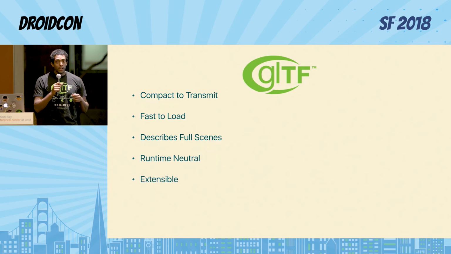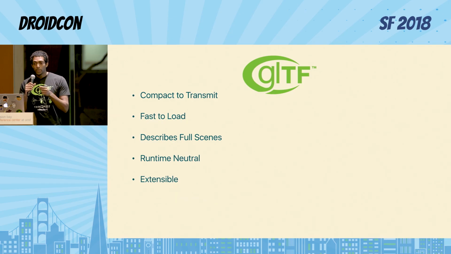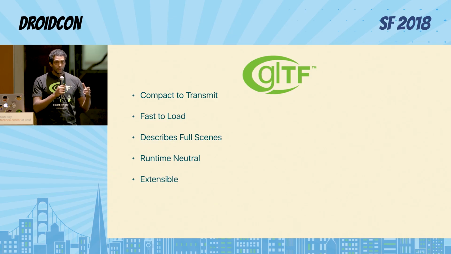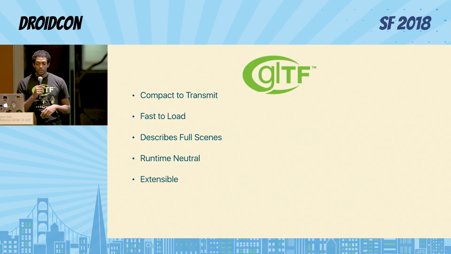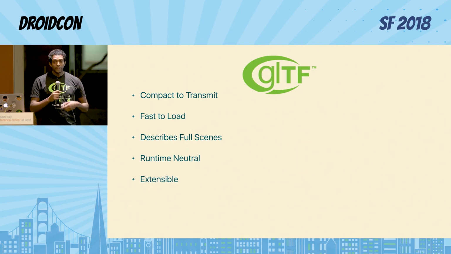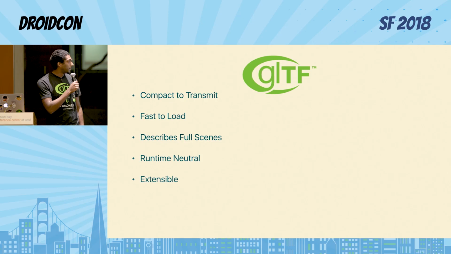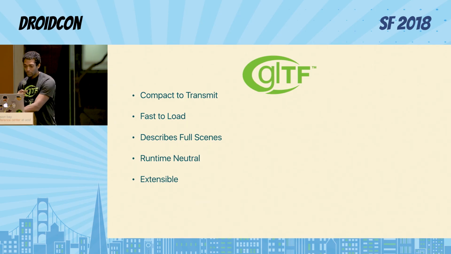It's fast to load because we can just take that binary data and do a data copy and then upload it to the GPU, instead of having to parse all the data and then create buffers in memory and then upload those buffers to the GPU. It describes full scenes, so we have complex lighting, we have the ability to do animations and joint-based animations and blend shapes and natural lighting techniques like physically based rendering.